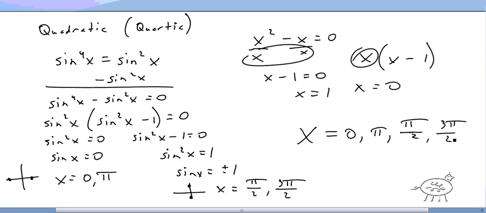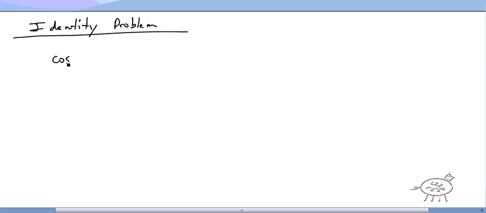All right, another problem. This is actually an identity problem. So you have cosine of 2x plus sine of x equals 0.